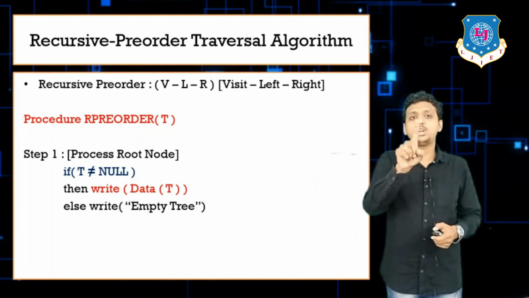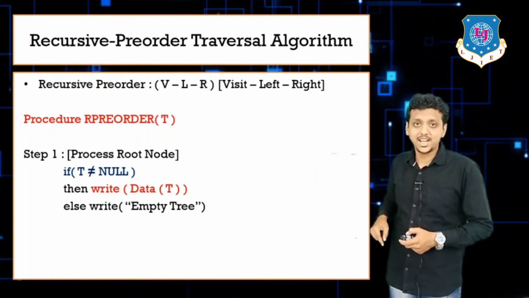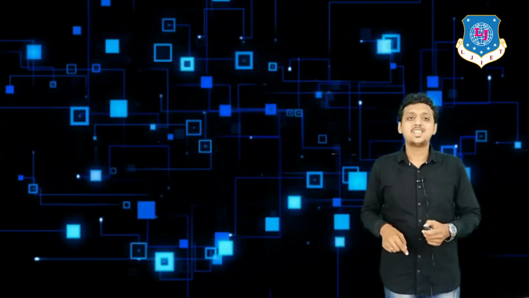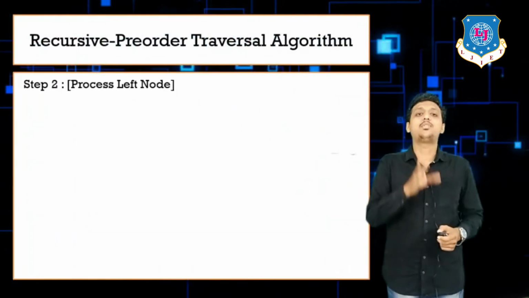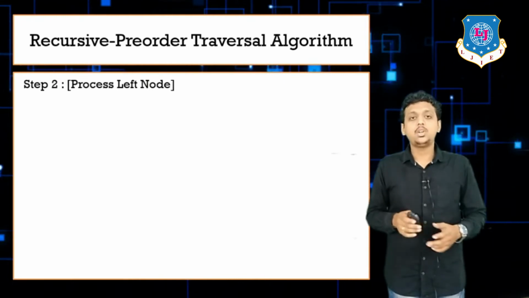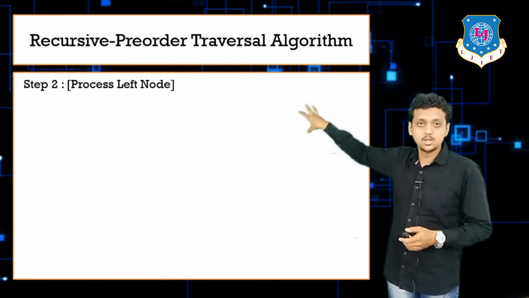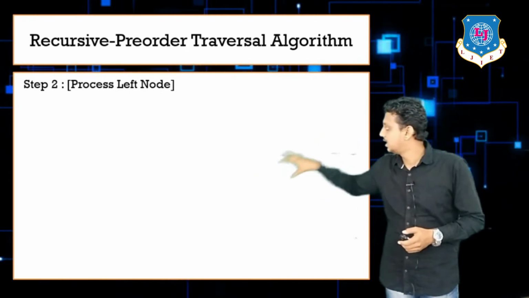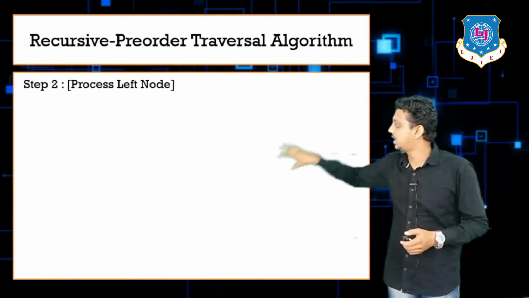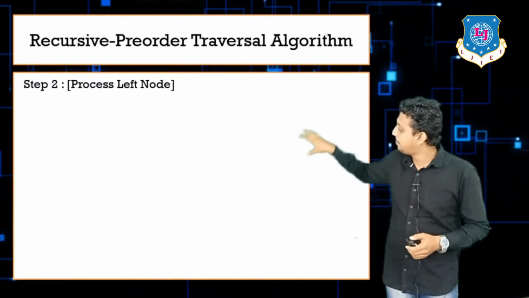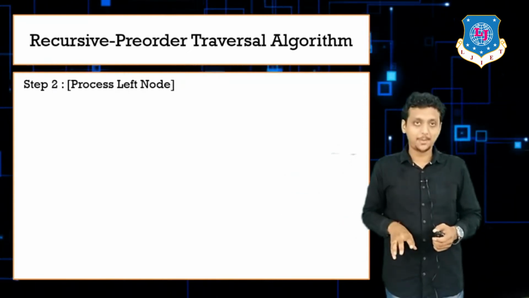Now after performing the visit operation, we just need to go to the left side. So step number 2 is process left node. Now tell me students, if a node does not contain any left child, just imagine that situation, then the LPTR, that means the left pointer of that node, should point to null.